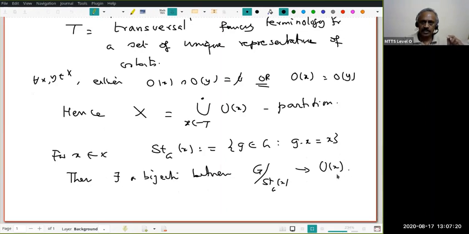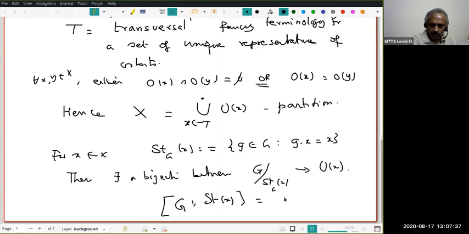Therefore, how many elements are there in the orbit? Assuming that the orbit is finite, it is the same as the index of the stabilizer subgroup in G. This is what one usually denotes in group theory as G is to stabilizer of x. This is O of x. These are the things we have seen.